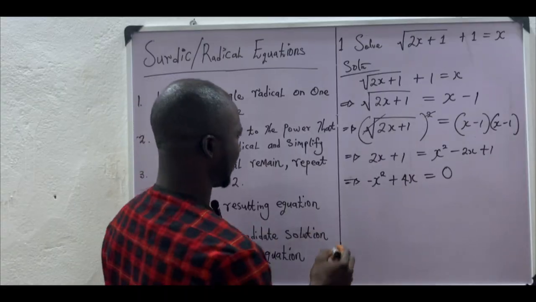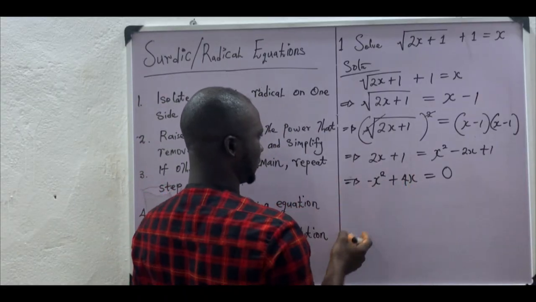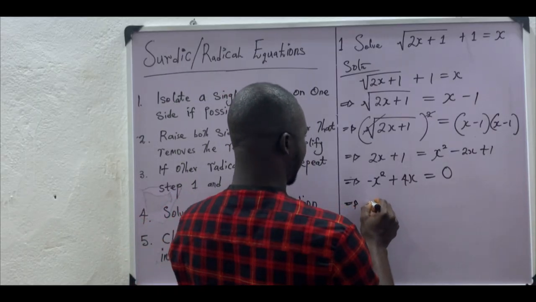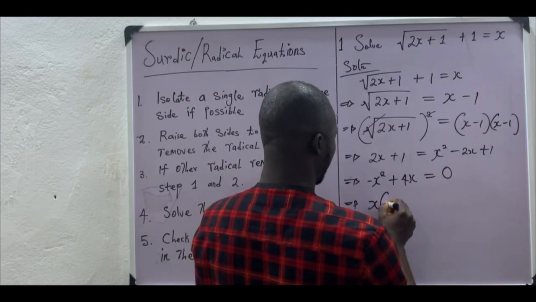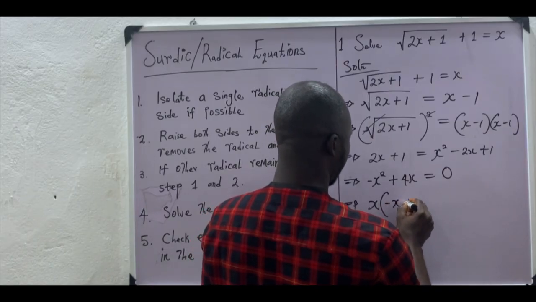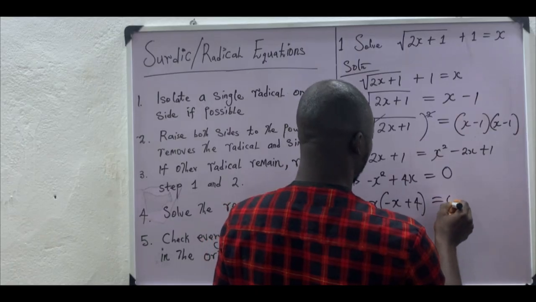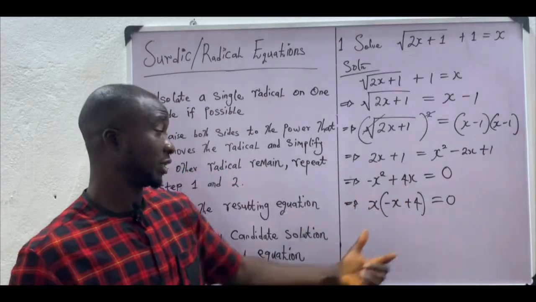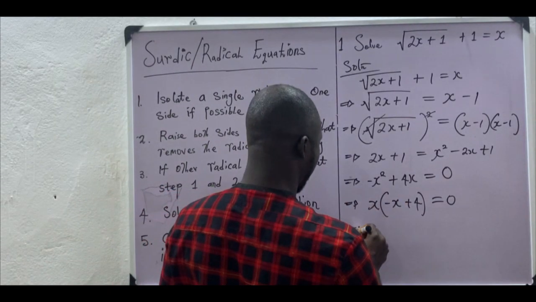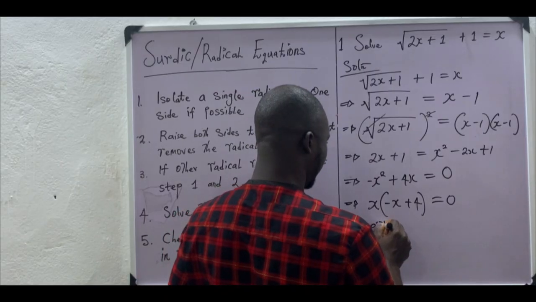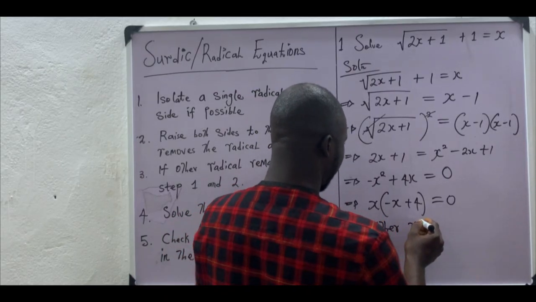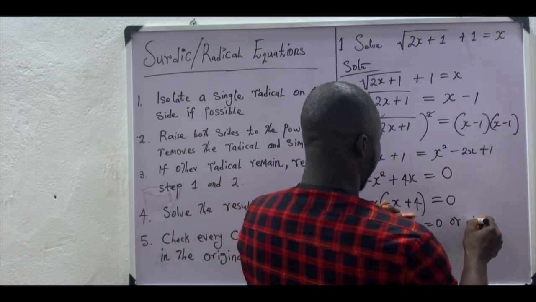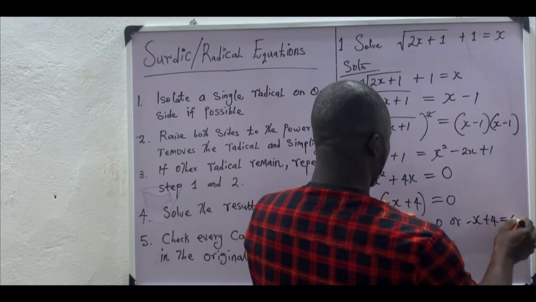And if we do that now, I can go further to factor x from this side of the equation, and this will imply that x times minus x plus 4 equals 0. So at this junction, I will apply the AB equals 0 principle. And if I do that, I'll then have that either this x here is equal to 0, or this one here, minus x plus 4, is equal to 0.